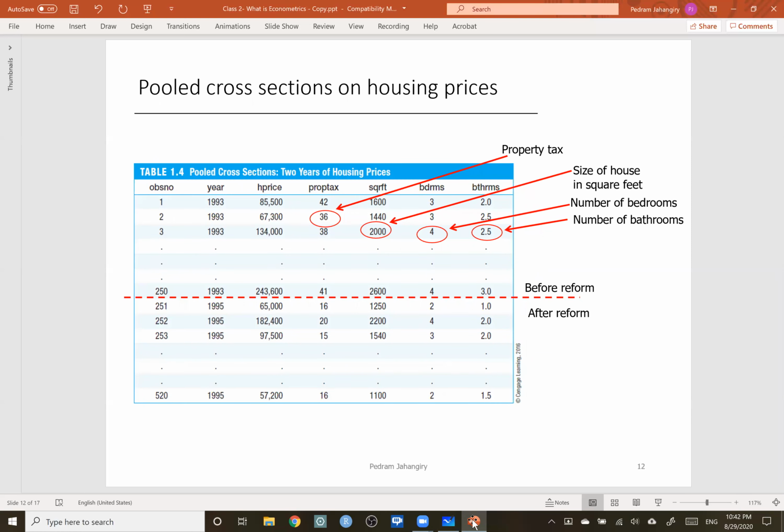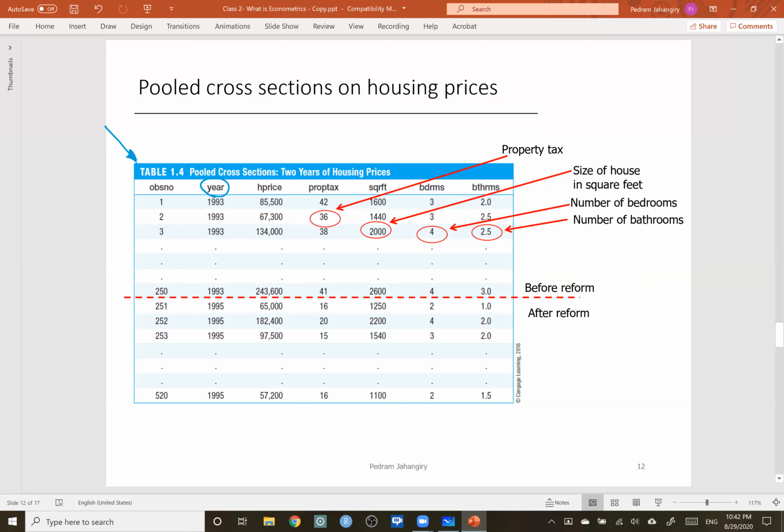All right. So pooled cross-section, and imagine I give you this, and you're supposed to figure out what it is. Is it panel? Is it pooled cross-section? Is it time series? It's easy to say that it's not cross-section, because you're using time. Okay, so cross-section is out.